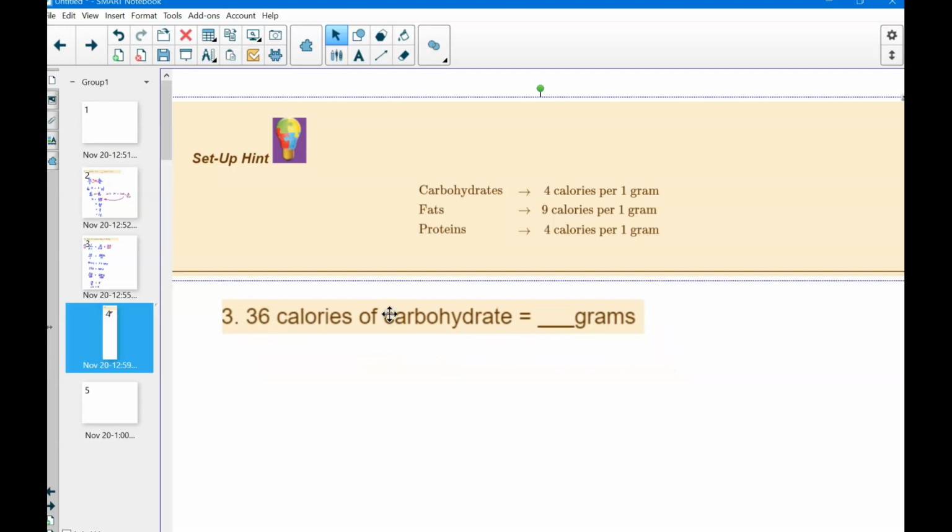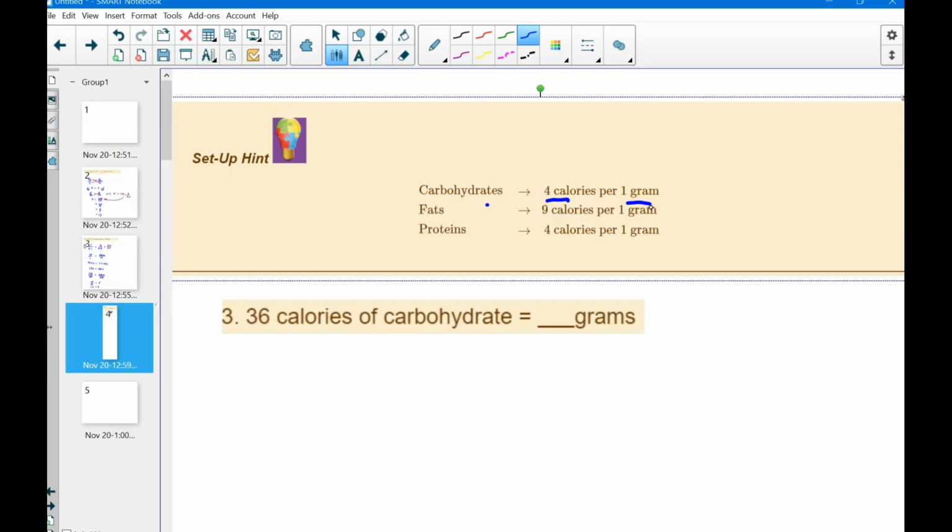How many grams do we have? Well, we're using our chart. Looking at the chart, it looks like this here. Carbohydrates, we have 4 calories and 1 gram. So I'm going to do this the chemistry way of doing it, not the math way of doing it. Because it'll be more beneficial for those doing chemistry when you see dimensional analysis. And it's kind of a little bit easier anyway, I think, instead of cross multiplying.